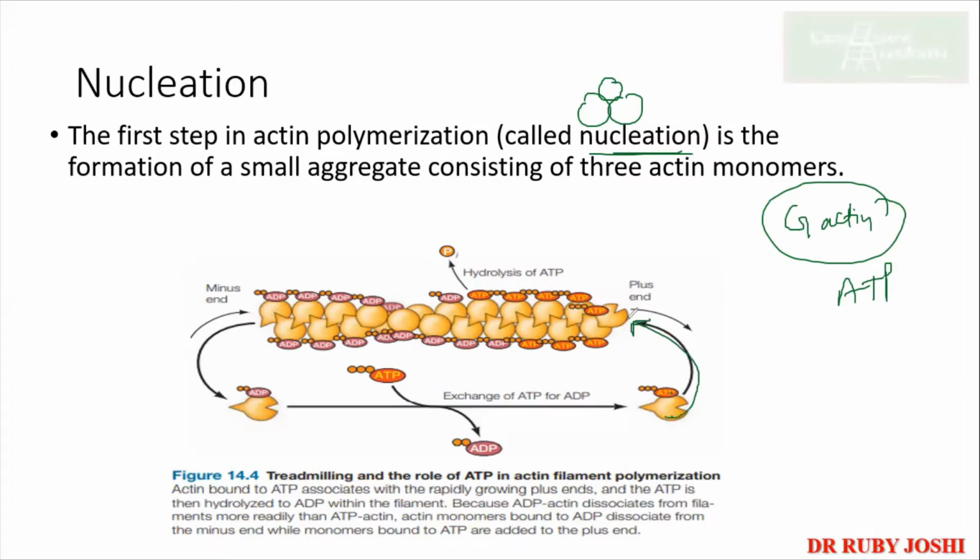Okay? Now, as soon as the hydrolysis of ATP is happening, GADP बन रहा है, what do we see? That it loses its affinity and starts depolymerizing. Again, there is exchange of ATP for ADP. क्या हो रहा है आपका G actin आ रहा है and again it is adding over here.